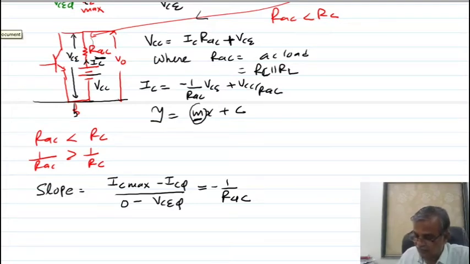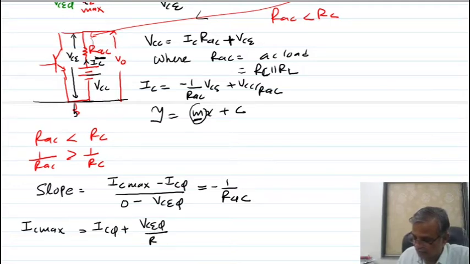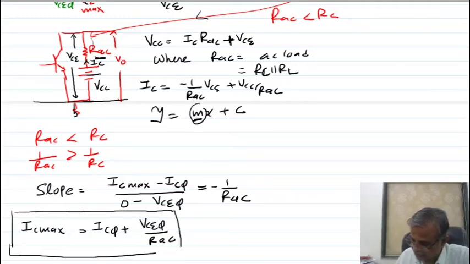So I can write from this, it is very simple, IC maximum is equal to ICQ plus VCQ upon RAC. Remember this equation to draw the AC load line.